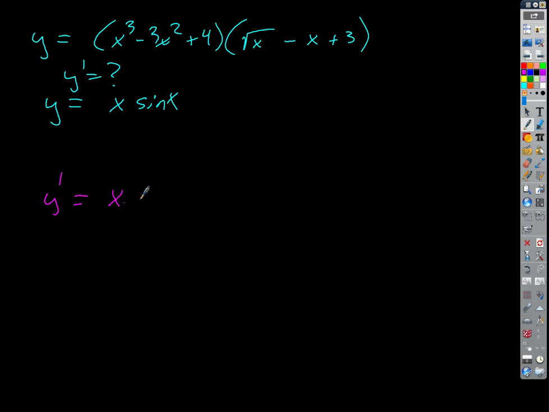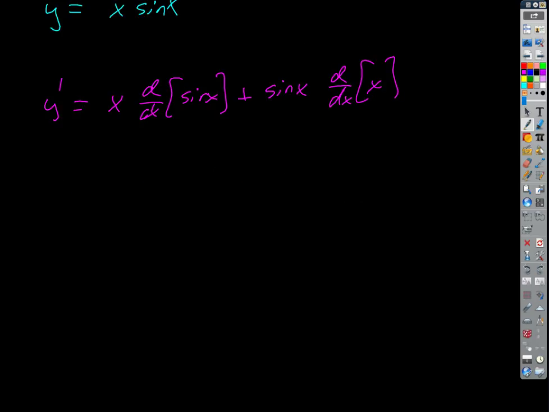We're going to get x times the derivative with respect to x of sine x plus sine x times the derivative with respect to x of x, right? What's the derivative of sine x? Cosine. So the answer is going to be x cosine x. What's the derivative of x? 1. Done. Right? Easy. How about that?